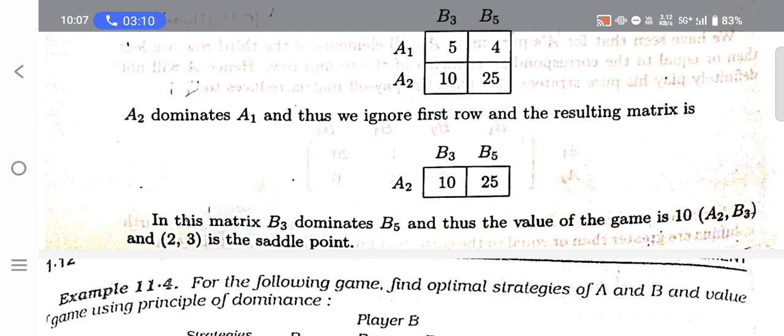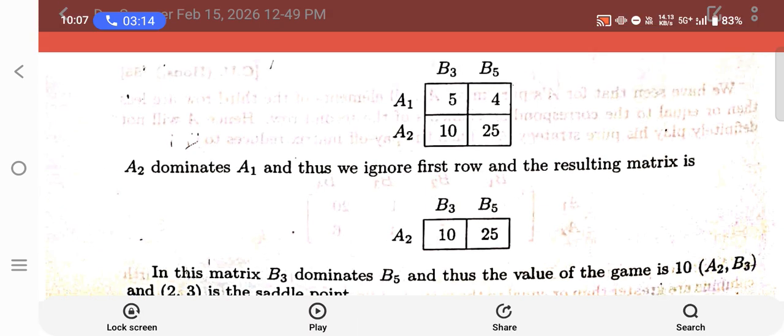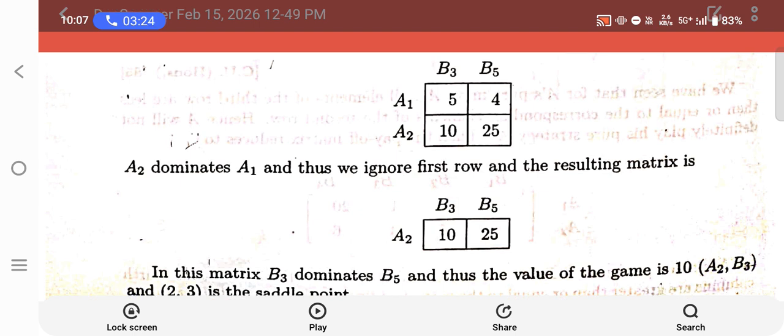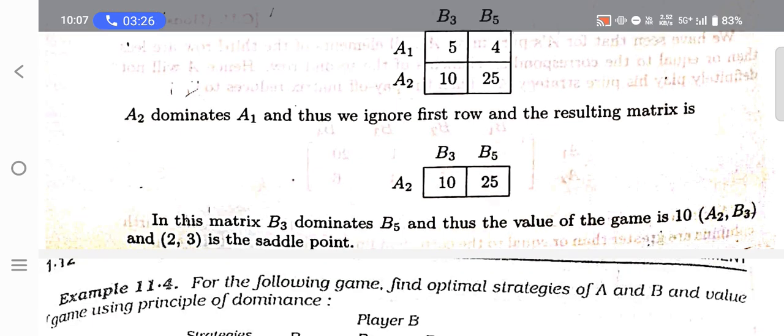Okay, so as the value 10 is less than 25, so B3 strategy will be suitable for the player B. So B3 dominates B5 and thus the value of the game is actually the 10. Player B eliminates the B5.